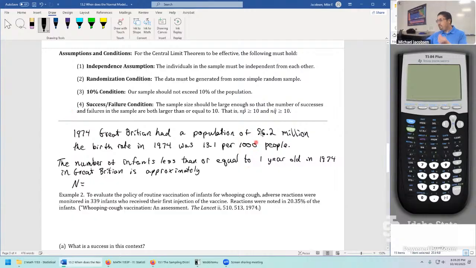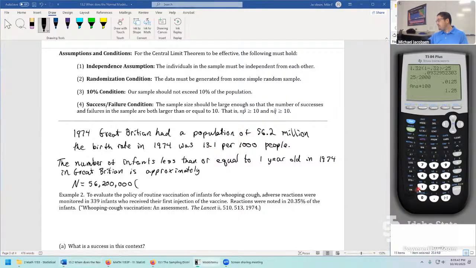So take 56.2 million. That's an approximation too, but we're doing the best we can with very minimal information once again. So 56,200,000, 56.2 million. Multiply it by the birth rate. That's 13.1 per 1,000.